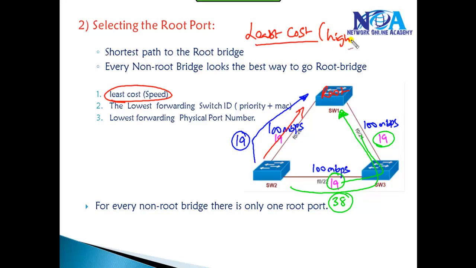So in other words, we can say higher bandwidth will be more preferred. But here when it comes to calculation, we always prefer the least cost, so the shortest path or the least cost. In this scenario, this port will be considered as a root port, because this is the shortest path to the root bridge in terms of cost.